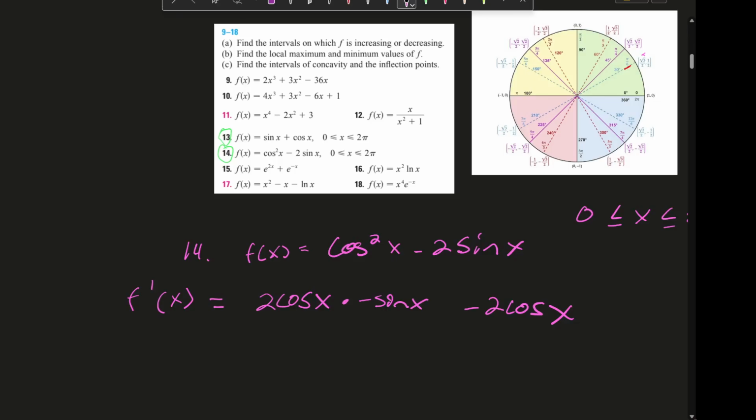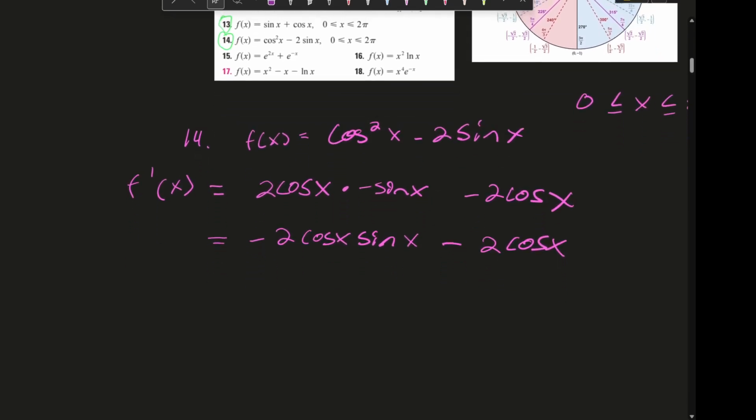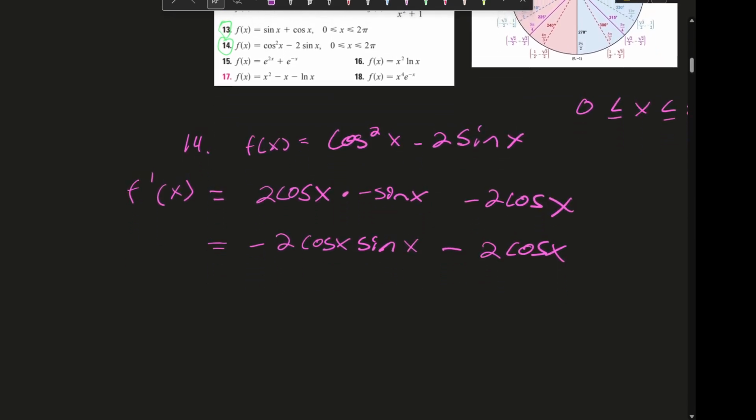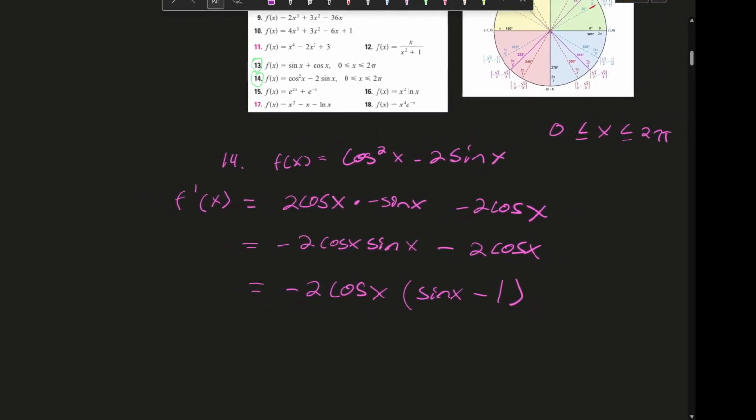Simplify that a little bit: negative 2 cosine x sine x minus 2 cosine x. Do I want to factor that right now? Pull out a negative 2 cosine x, and then you'll just have sine x minus 1. I guess I'll go ahead and factor that.